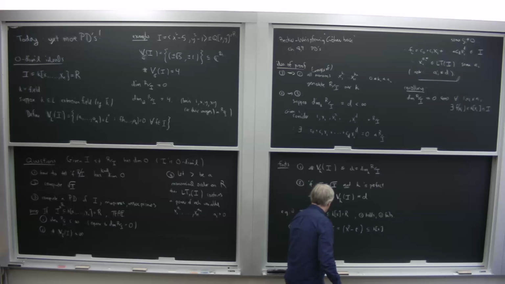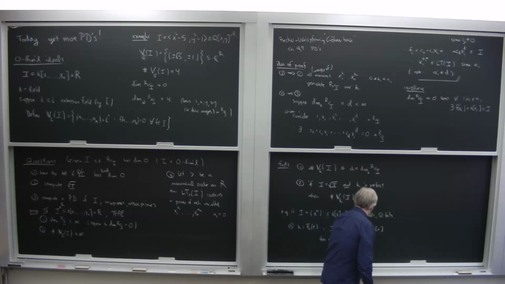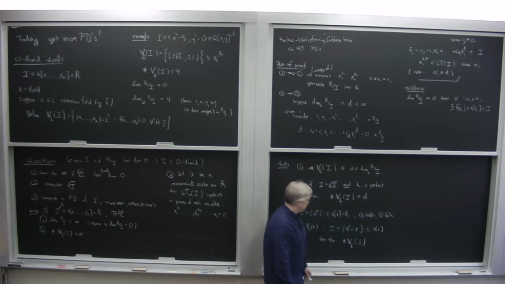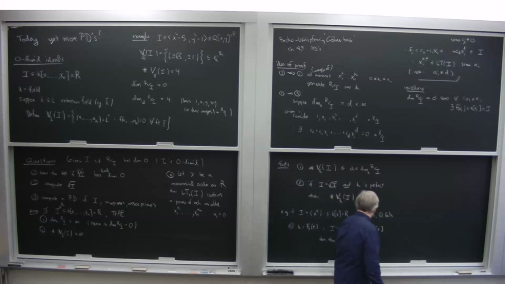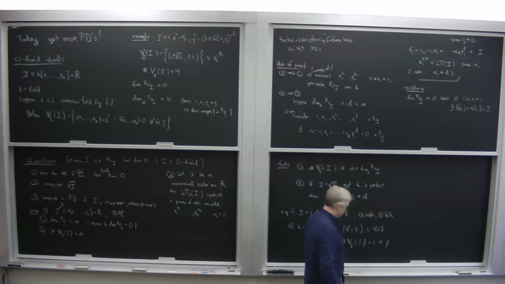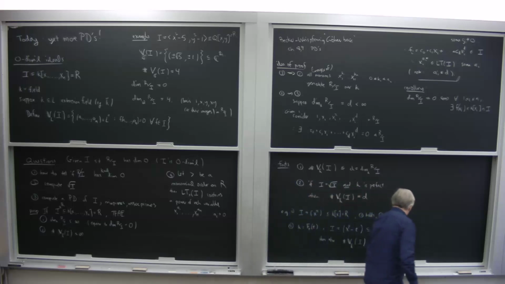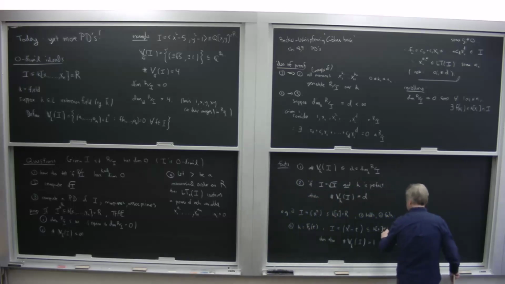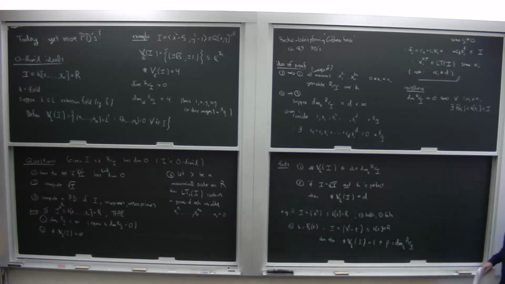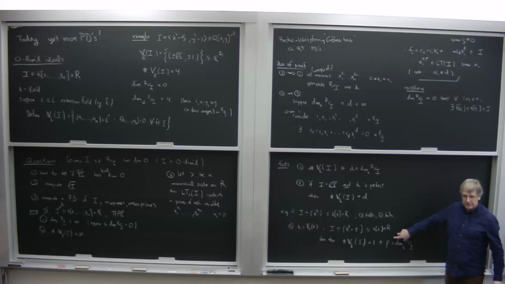So then also, the number of points of V over k bar of I is how many? It's x equal to the pth root of t, and that's equal to 1, which is not equal to p, which is the dimension of the quotient, if this is R. Later on we'll be seeing this is always a good example to keep in mind.